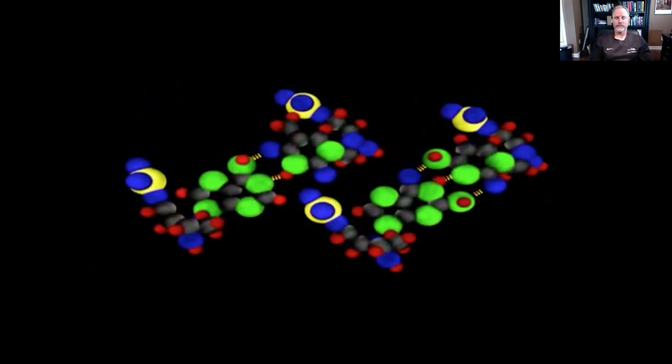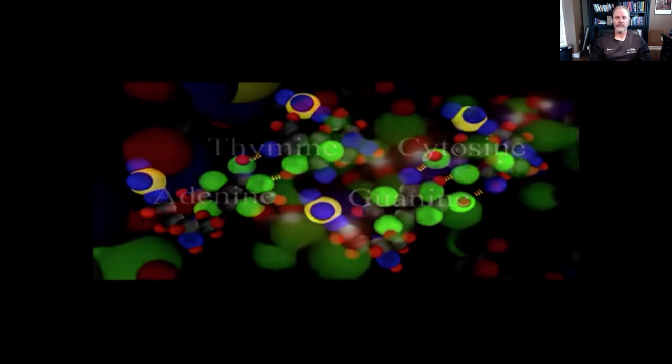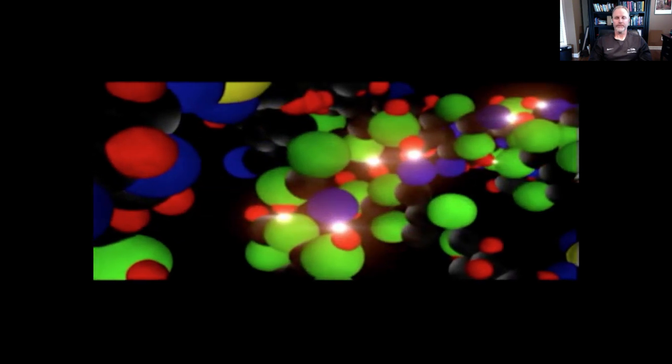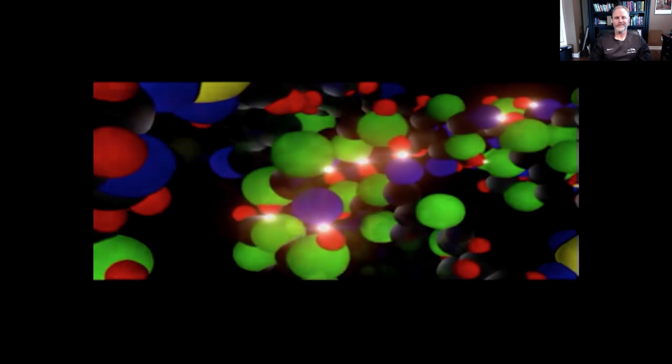However, only adenine and thymine bases and guanine and cytosine bases can bond together. Because of the different chemical bonds and monomers that make up DNA molecules, they take on the appearance of a twisted ladder, or what scientists call a double helix.